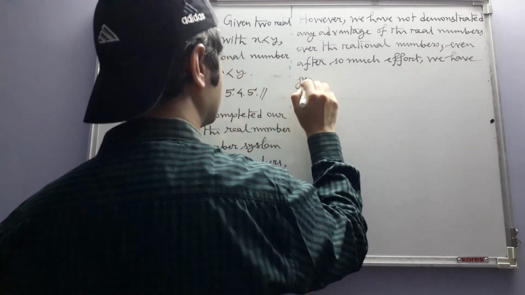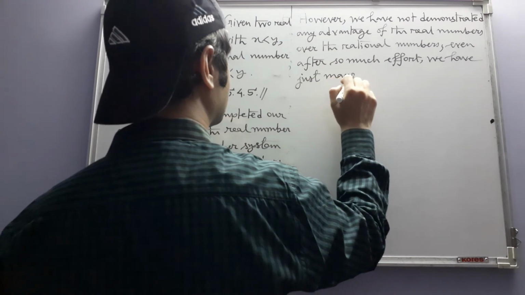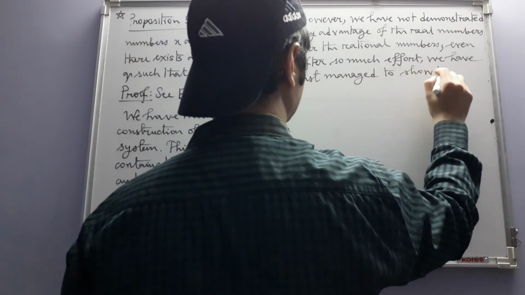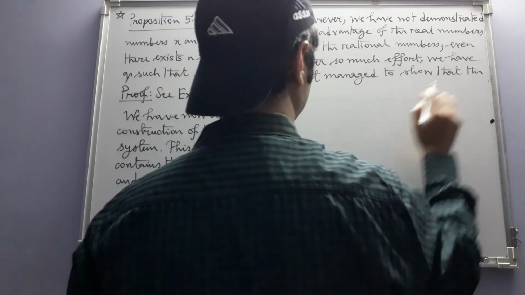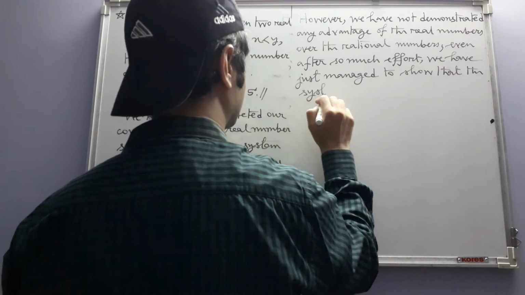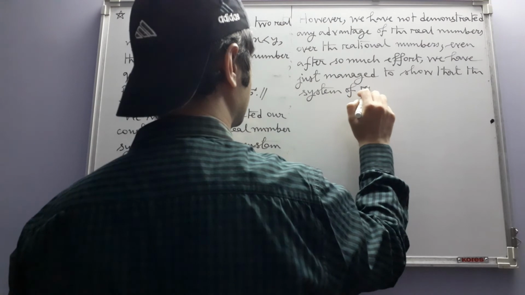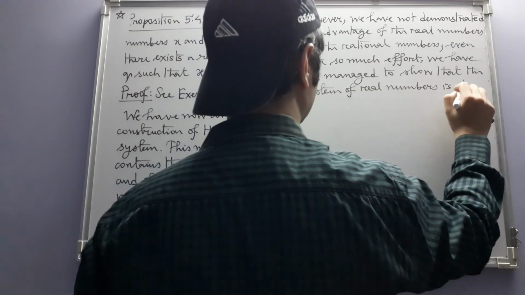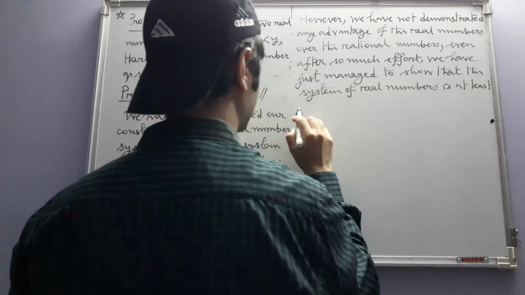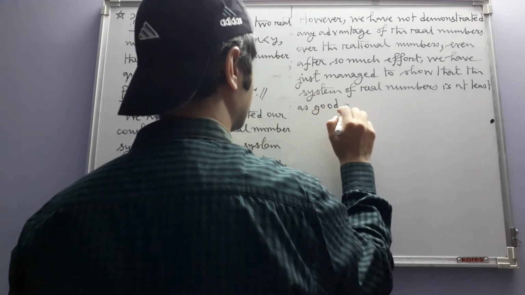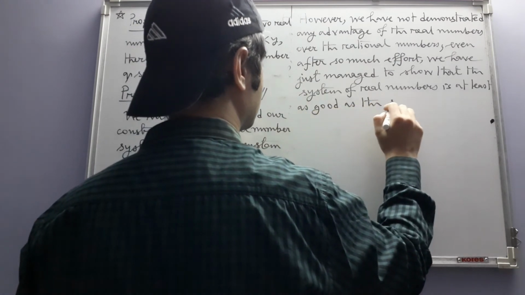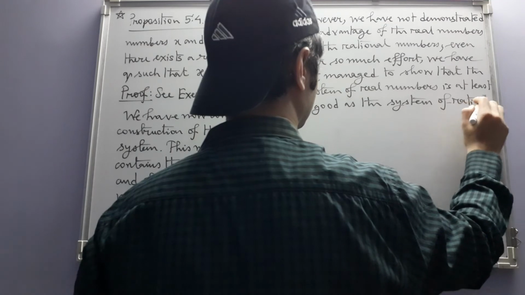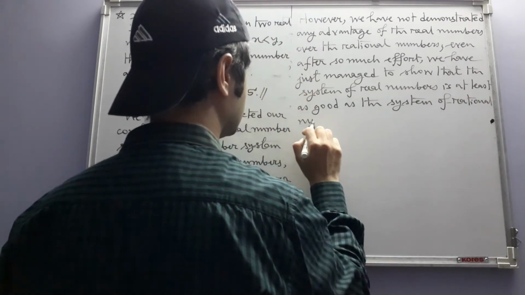We have just managed to show that the system of real numbers is at least as good as the system of rational numbers.